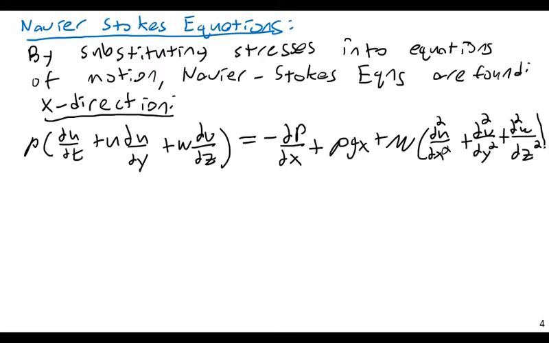Okay, so as you can imagine, this gets a little tedious to write all these out. I will simply say there's going to be one for the x direction, one for the y direction, and one for the z direction. But what I really want to get at is the basic relationships here.